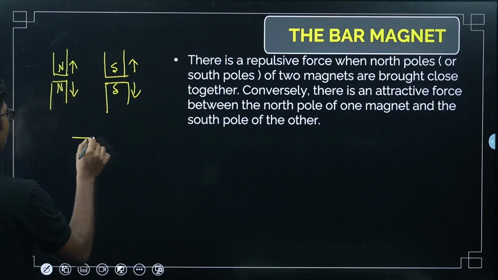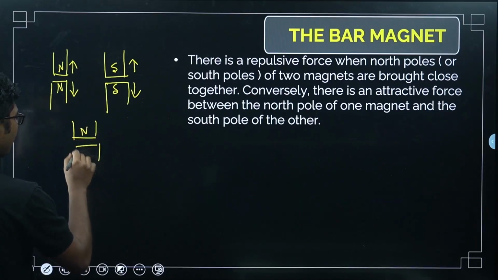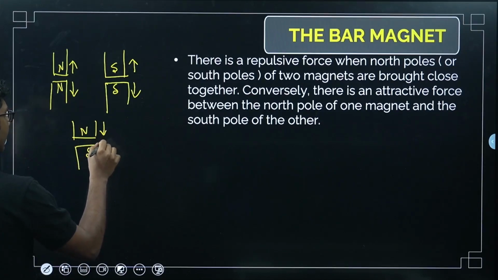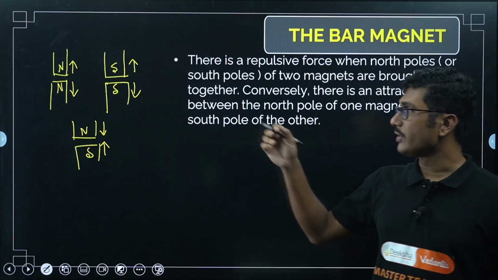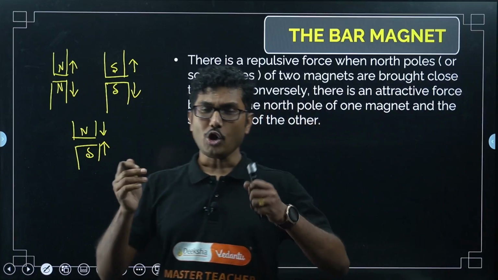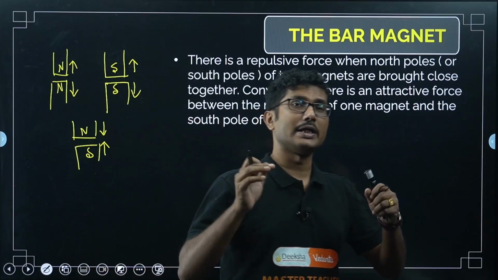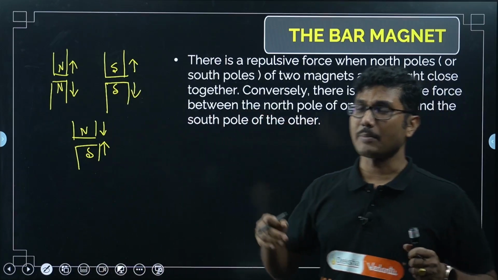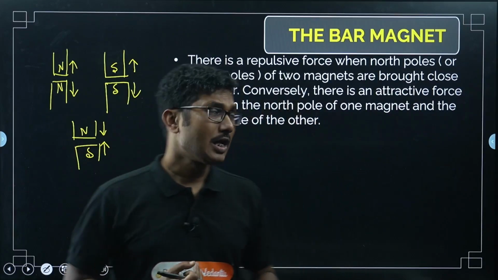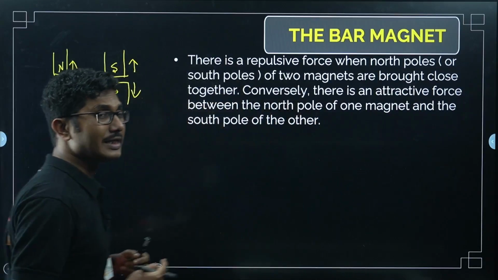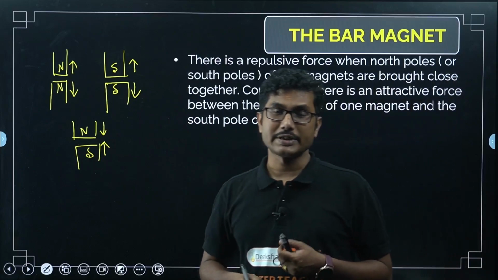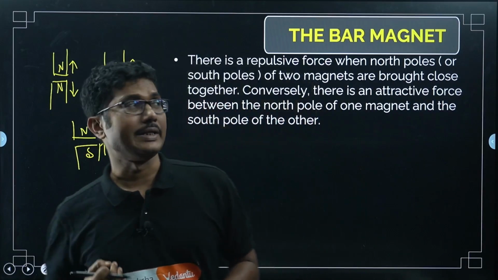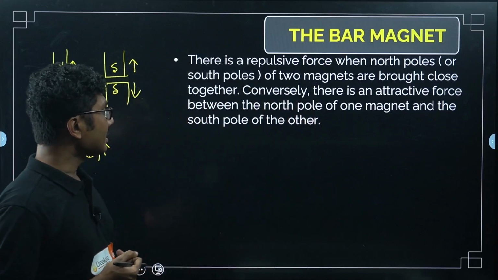But if I bring the north pole of one magnet and the south pole of another magnet, they will attract each other. This is similar to electrostatic charges, where 2 positive charges repel each other, 2 negative charges repel each other, but a positive and a negative charge attract each other. Similarly, here the north poles repel each other, south poles repel each other, but north and south attract each other.